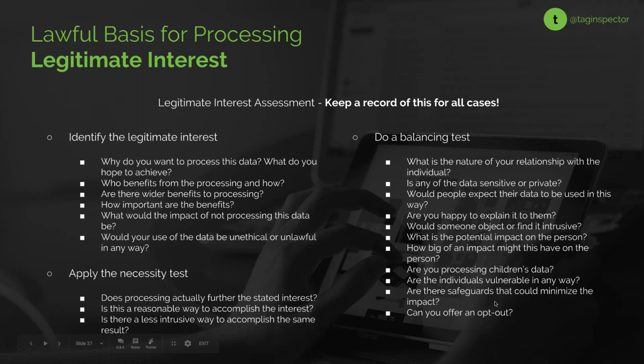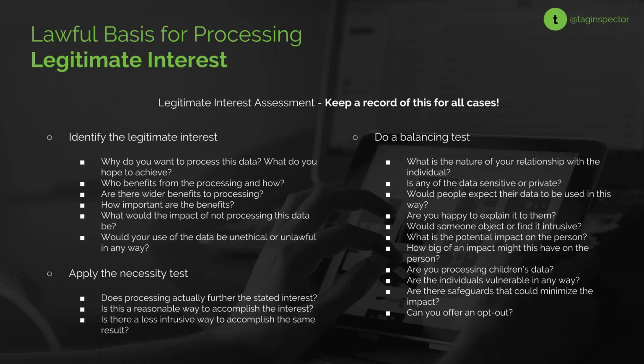So we need to apply these 3 different tests. We need to weigh the different options. And then if we can reasonably and defensibly say that, yes, the legitimate interest, the benefit, and what we're getting out of this and what the user's getting out of this outweighs any potential concerns for the individual's privacy, then you can use legitimate interest as your basis for processing.